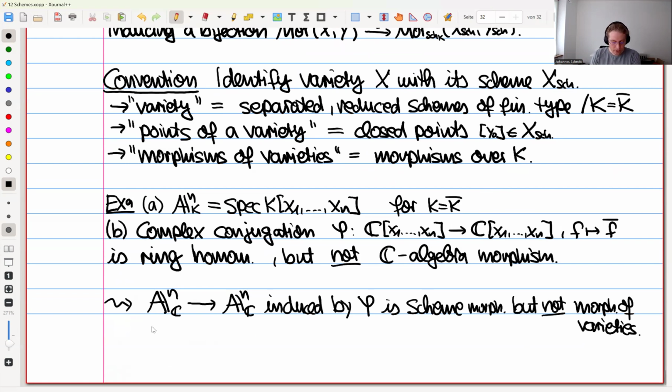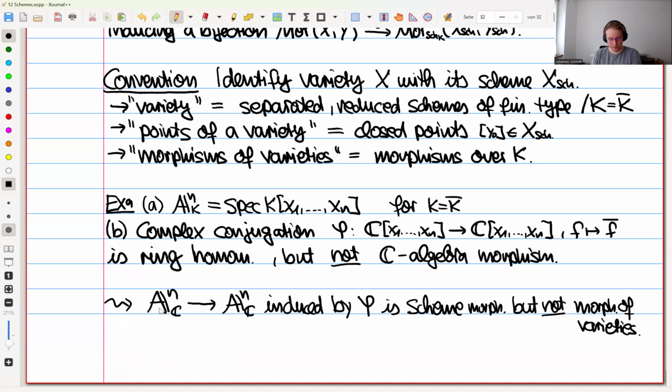And so there is a corresponding map of schemes. This goes from the scheme here to the scheme here, which is induced by phi. This exists as a scheme morphism, but not as a morphism of varieties. Because on the level of schemes, if you have Spec C here, these two things map to Spec C, but this would not be a commutative diagram of schemes.